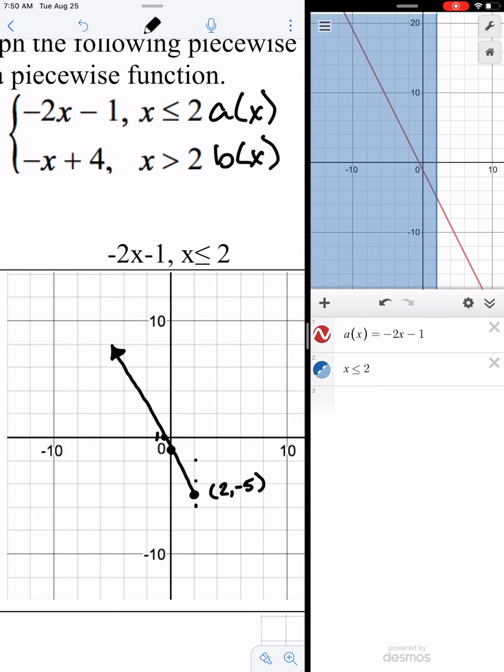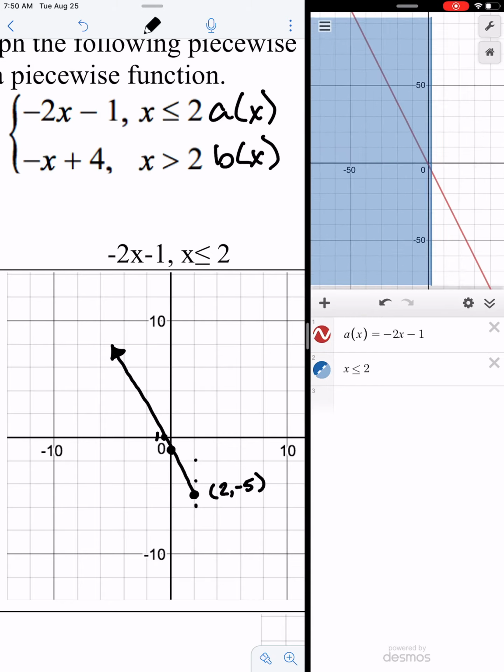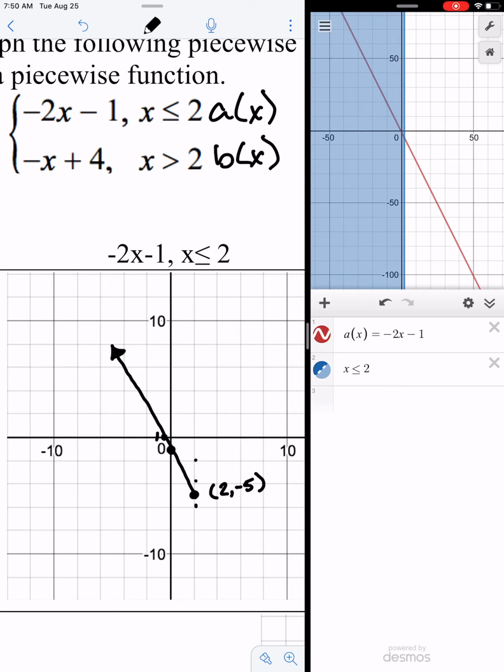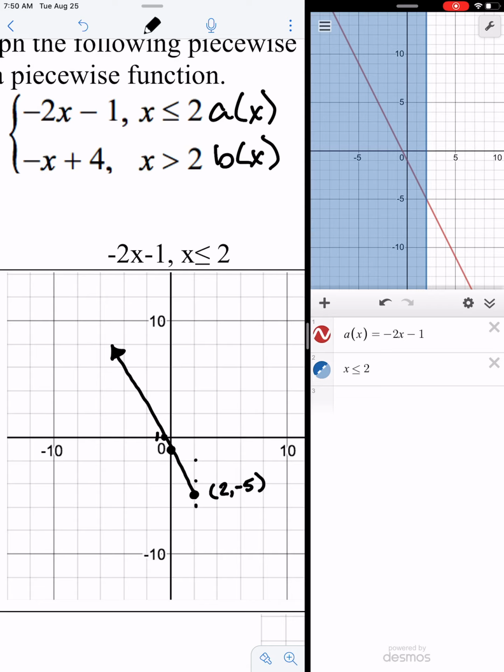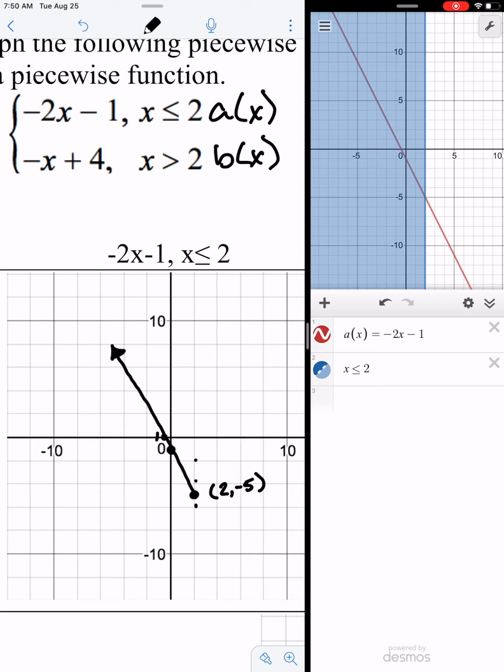If I look at this red function, I can see it continues to go on to the right. However, where the graphs intersect each other, that's going to be the end of it. And at the end, you're either going to have closed dots or open dots depending on your inequalities.